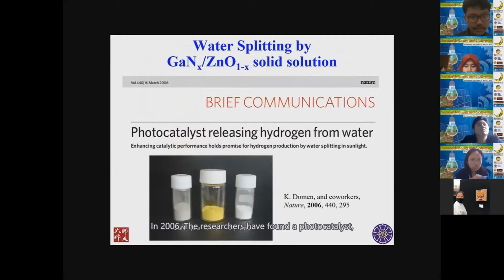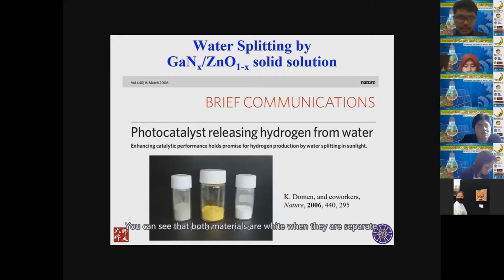In 2006, researchers found a catalyst, which is a solid solution of gallium nitride and zinc oxide with a band gap of 2.58 to 2.76 electron volts, modified with rhodium oxide nanoparticles, that could work under visible light during the overall water splitting reaction.